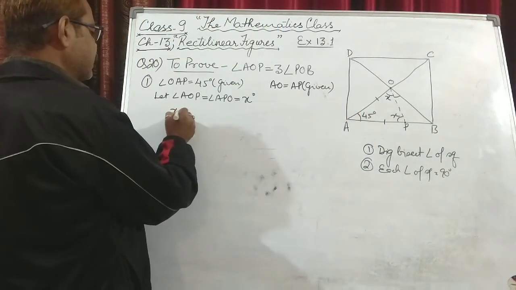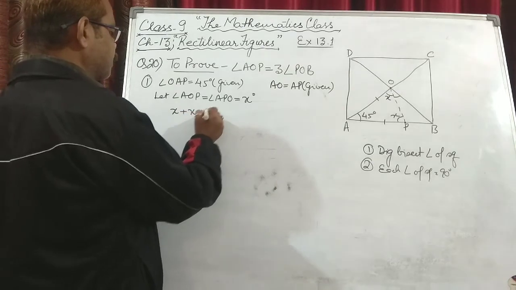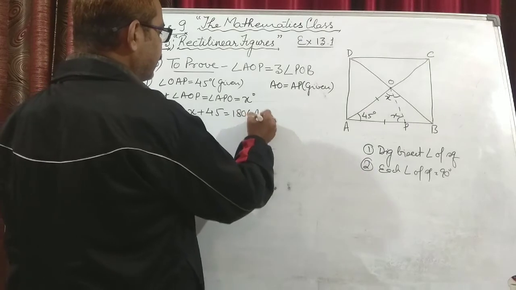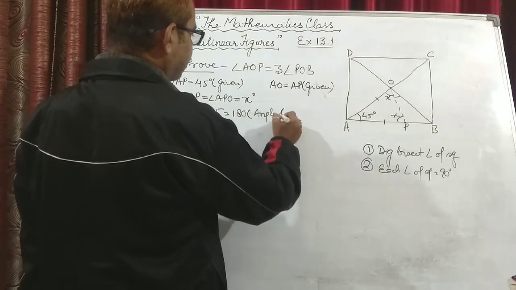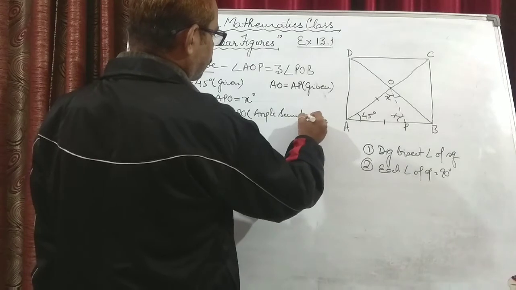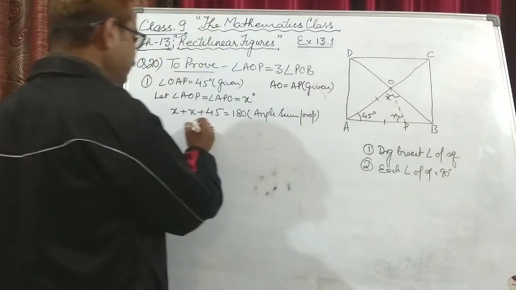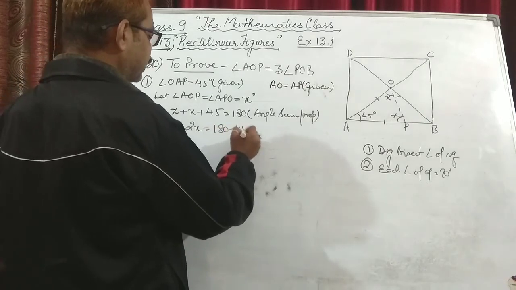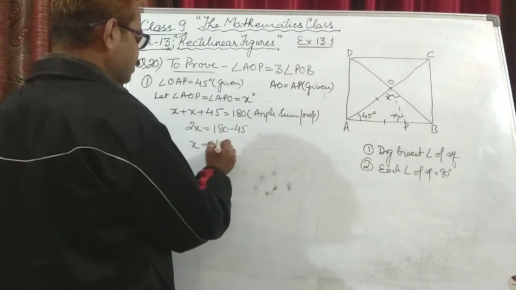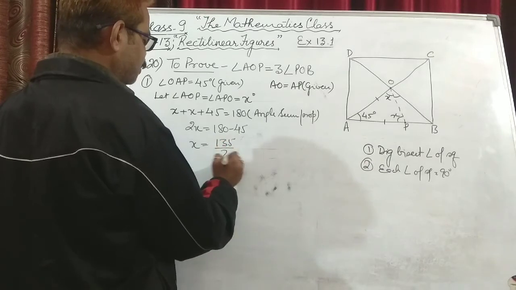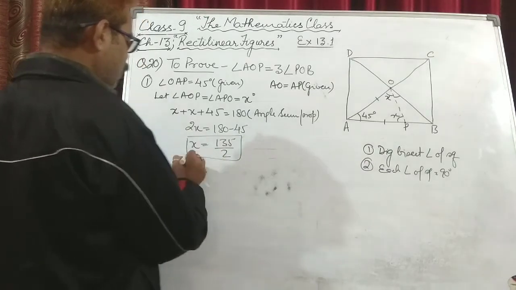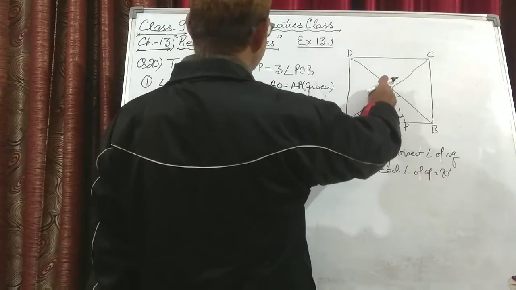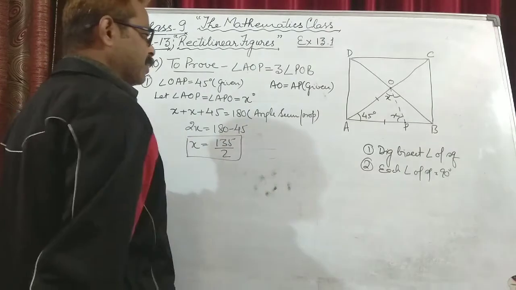So we can say x plus x plus 45 is equal to 180 degrees, because of the angle sum property. Now 2 times x is equal to 180 minus 45, which implies that x is equal to 135 upon 2. This is the value of x, or you can say AOP. This AOP we have found.